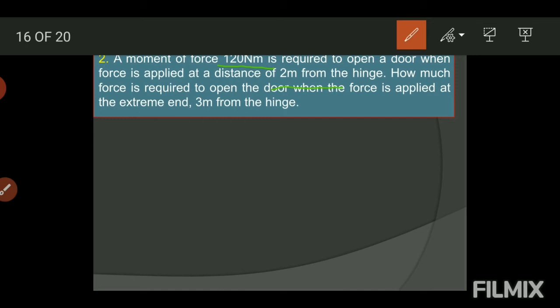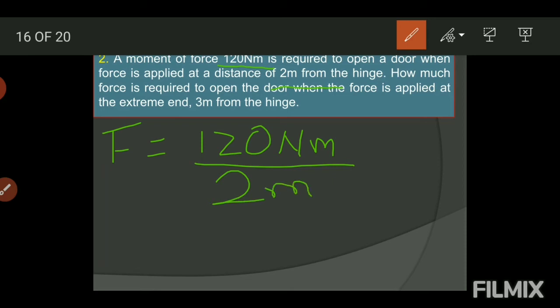So we have to find out the difference in the force applied when the moment of force is 120 Newton meter and the distance is changed from 2 meter to 3 meter. So let's start doing. Here, because we know the moment of force and the distance, force is equal to the moment of force, 120 Newton meter, by the distance 2 meter.